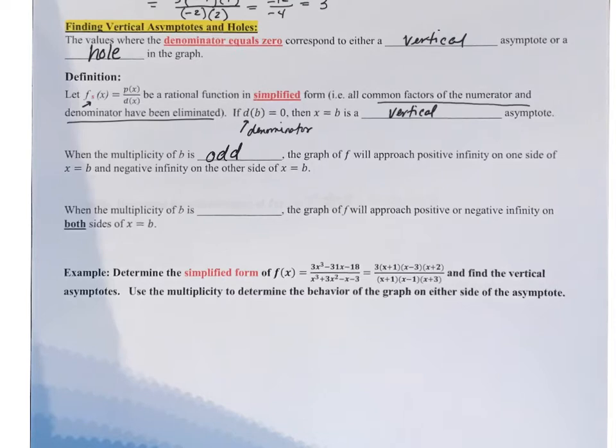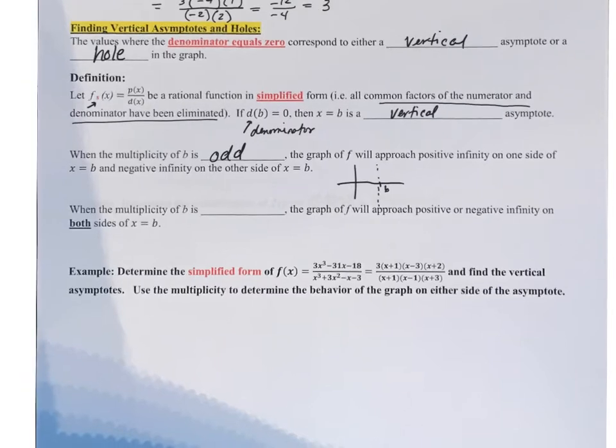So remember, b is a vertical asymptote. Here's my vertical asymptote at b, and let's assume that the multiplicity is odd. So maybe I have x minus b to the first degree, or x minus b to the third degree in the denominator. With odd multiplicities, it's going to approach positive infinity on one side and negative infinity on the other side.